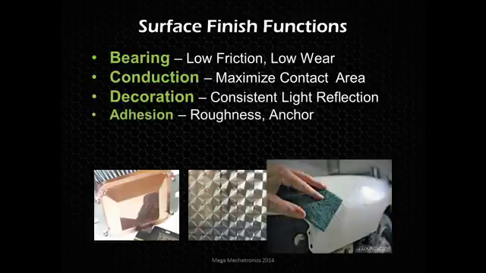Adhesion. So you see someone here is repainting their car, and he's going over it with a Scotch-Brite pad, and he's roughing that surface of that base material, or that old paint. He's going to have to rough that up because the surface is too smooth to ensure maximum adhesion of the new layers of paint that he's going to apply to the vehicle.